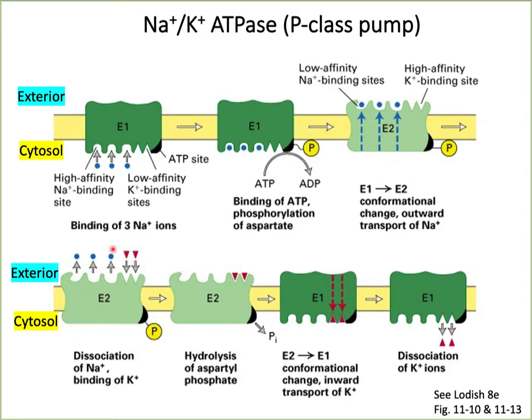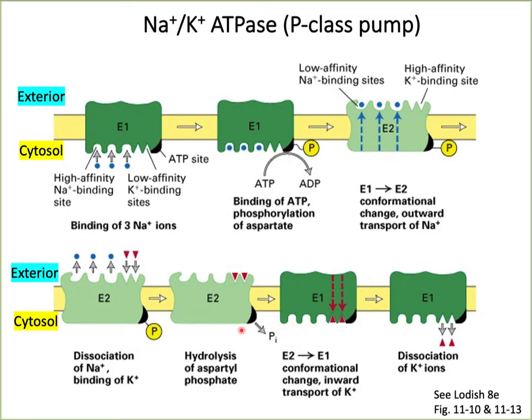Because these sites have become low affinity, sodium can diffuse into the extracellular space, and the 2 high-affinity potassium binding sites readily capture 2 potassium ions from the extracellular space. And when this happens, there is a hydrolysis event and the aspartate becomes dephosphorylated.